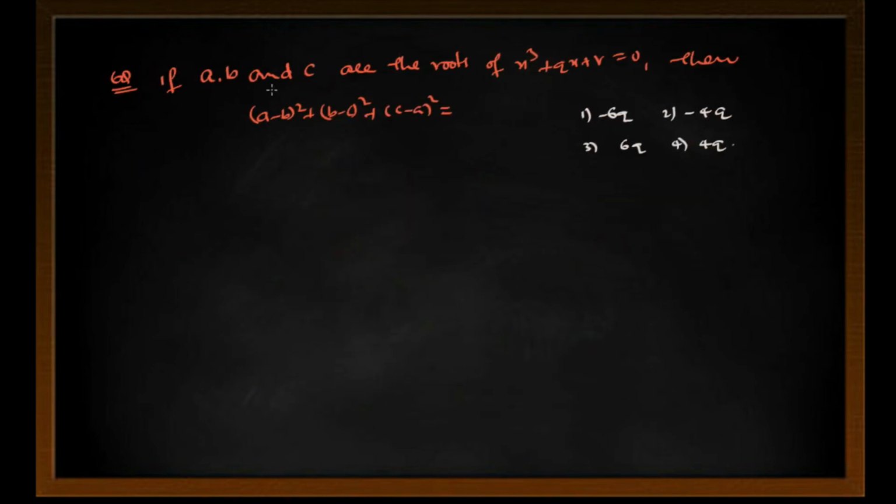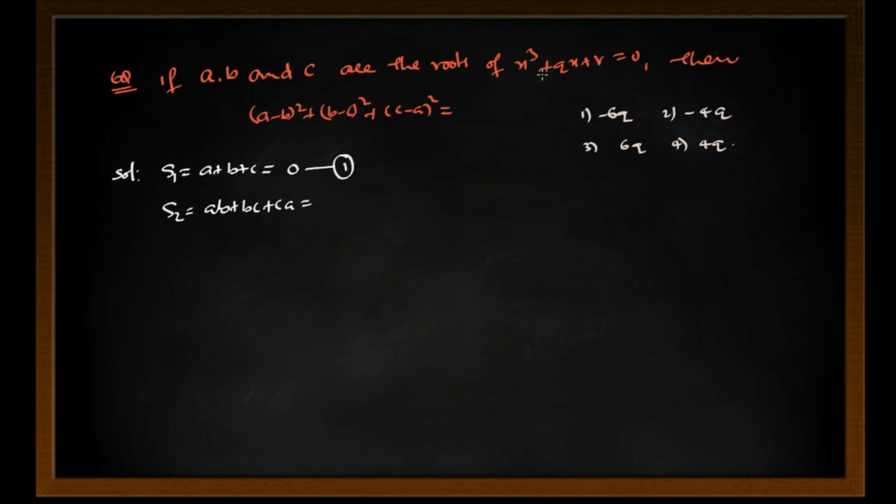Now next question is, if a comma b comma c are the roots of the given equation, then a minus b whole square plus b minus c whole square plus c minus a whole square equals how much? So first of all, given roots are a comma b comma c. If roots are a comma b comma c, we have s1 equals sum of the roots a plus b plus c equals minus b by a. X square term is not there, so 0. Next, s2, ab plus bc plus ca is c by a.